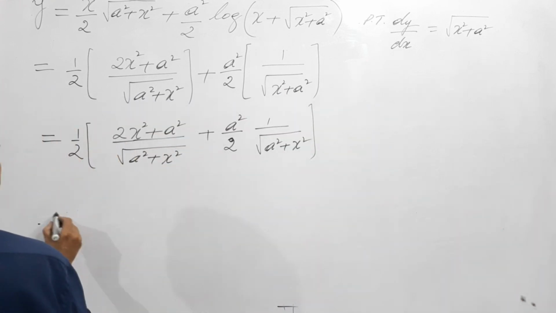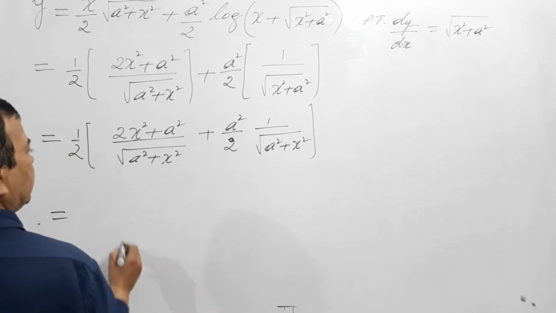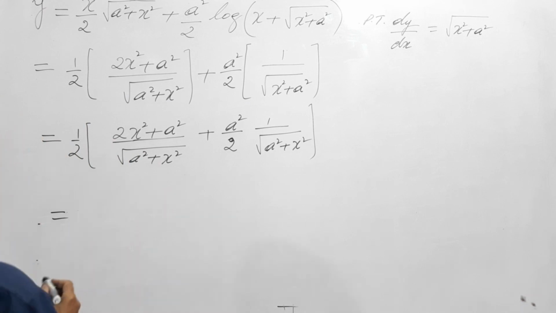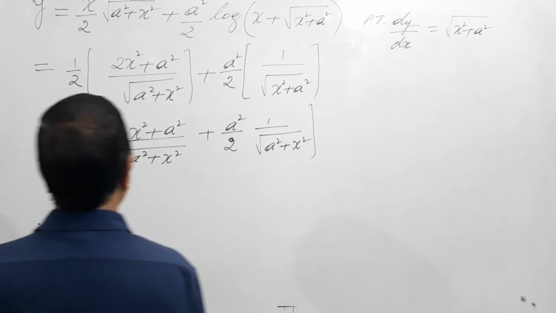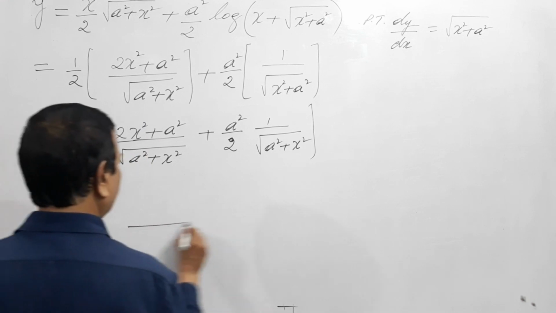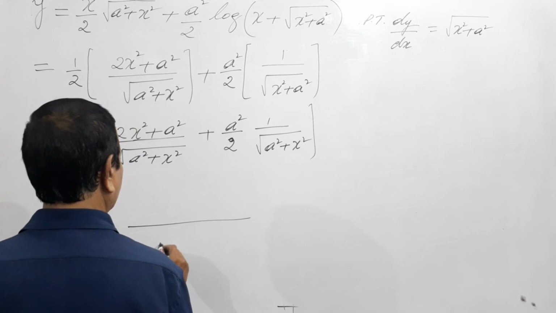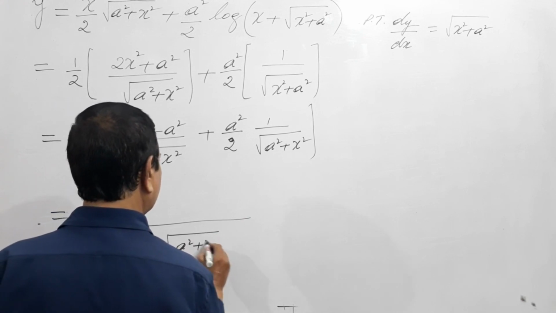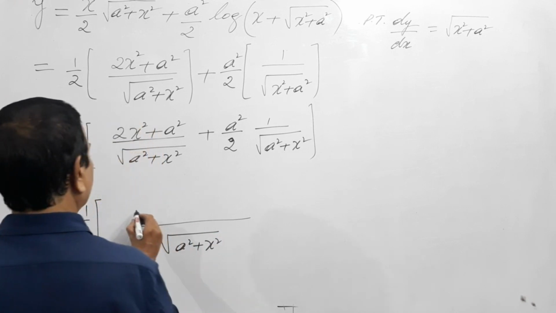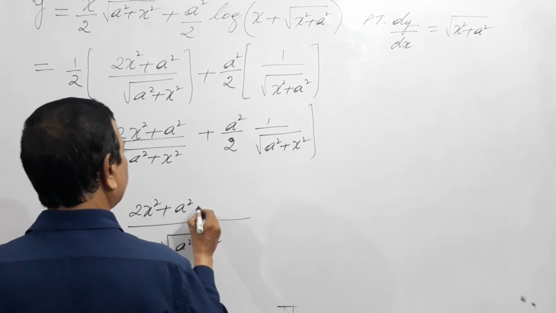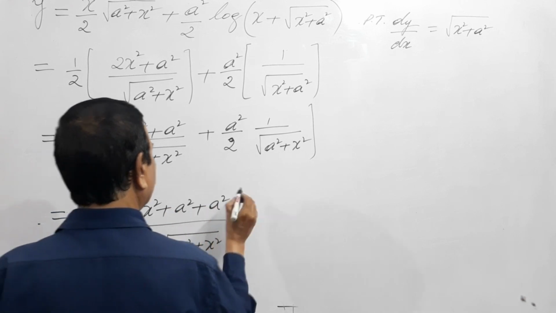So what is common here? I'll take LCM here, that is a square plus x square. So this becomes 2x square plus a square plus again a square.